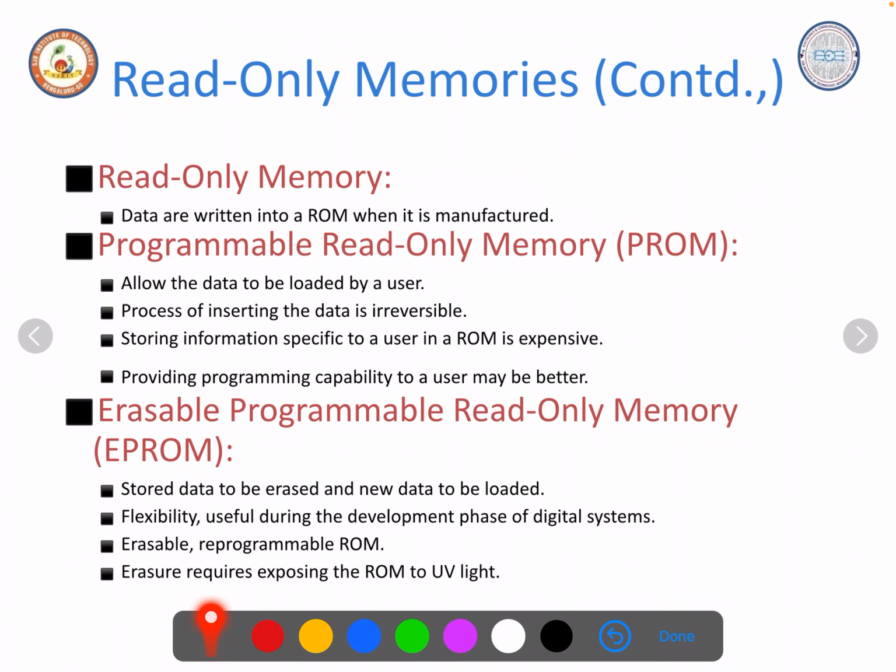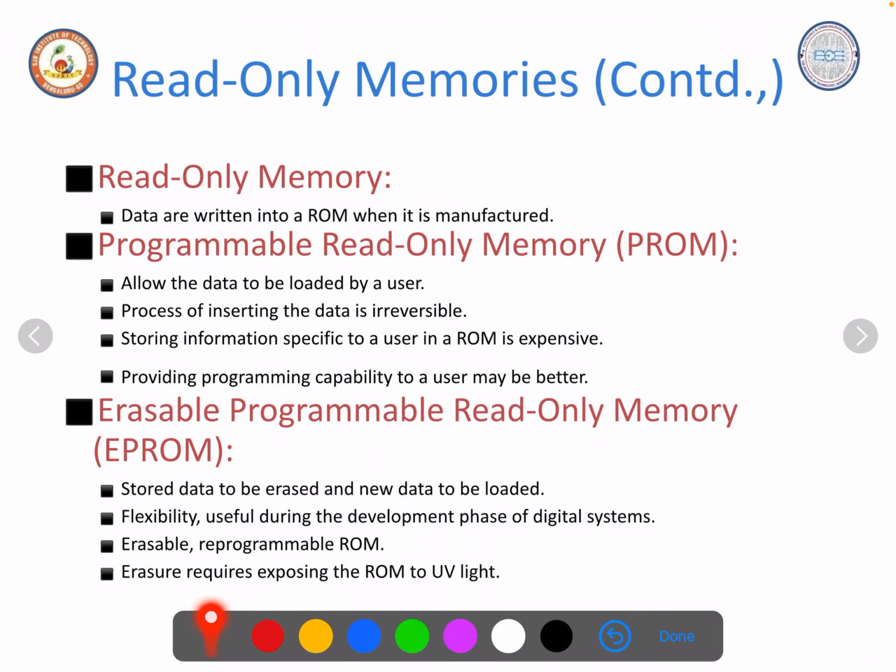The process of inserting data is irreversible. You can't reverse it. Once you store the data, it is done. Storing information specific to the user in a ROM is expensive. Programming capability for a user may be better.